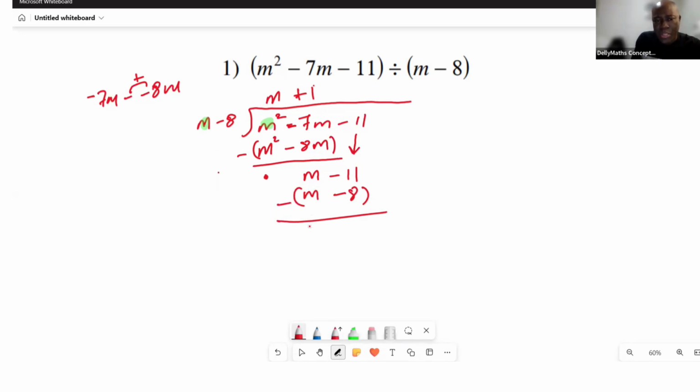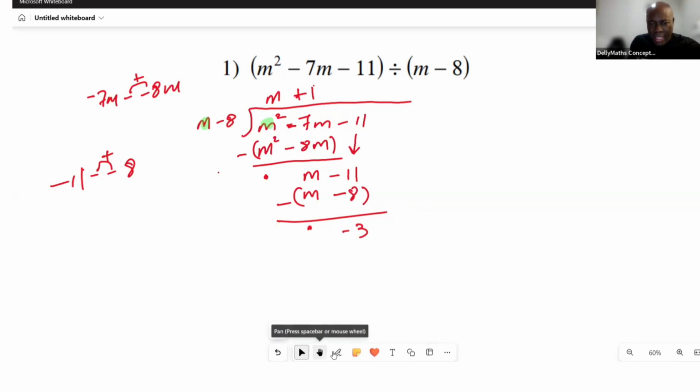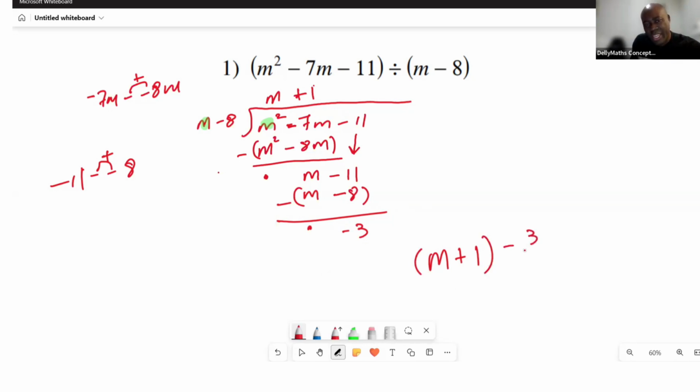So m minus m is gone. -11 minus -8 becomes plus, so we're looking at -3. Now, because there are no more m here, we have to stop. So what is the result? The quotient is m plus 1 and a remainder of -3 over m minus 8.